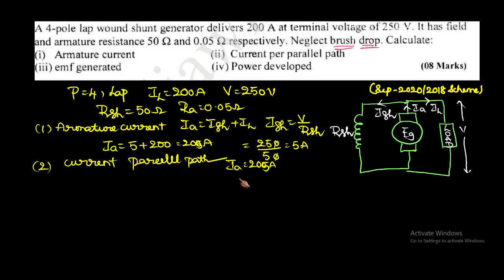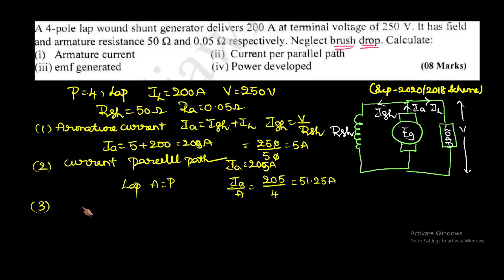So current for each parallel path is IA by A. In case of lap winding, A is equal to P, we have already discussed. So that is 205 divided by P, the number of poles, which is 4. So you calculate 205 divided by 4, and you get 51.25 amperes current in each parallel path.